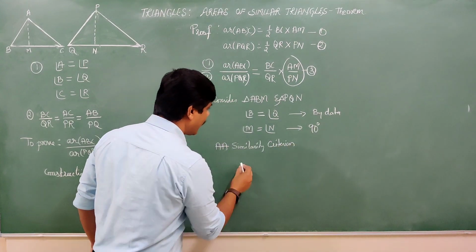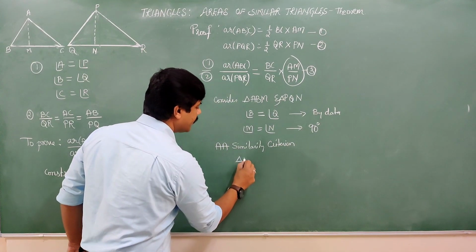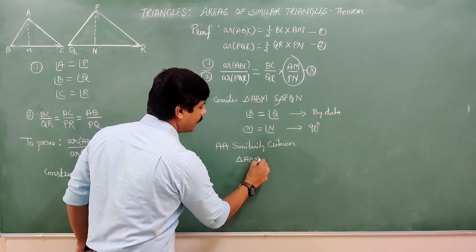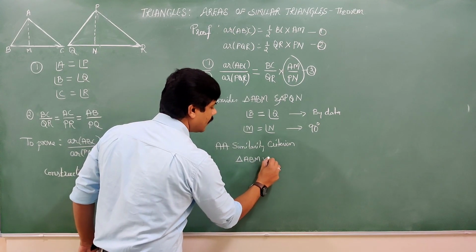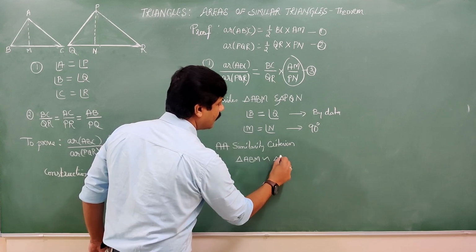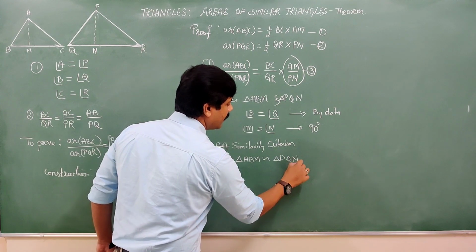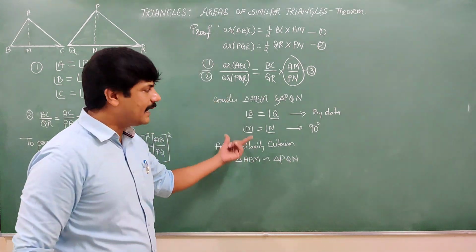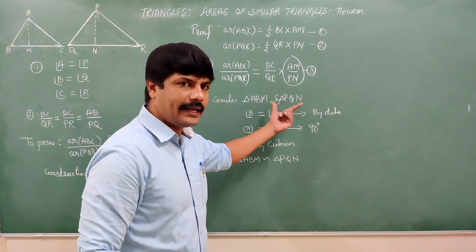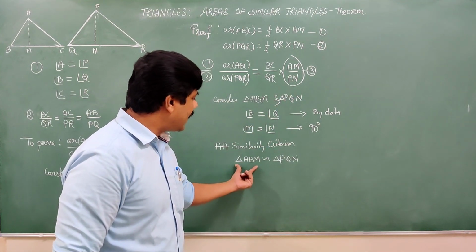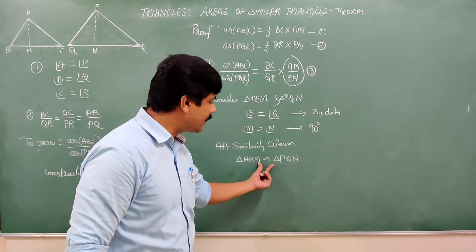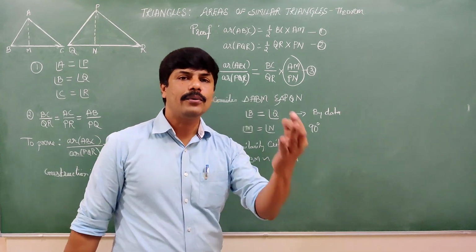By AA similarity criterion, triangle ABM is similar to triangle PQN.